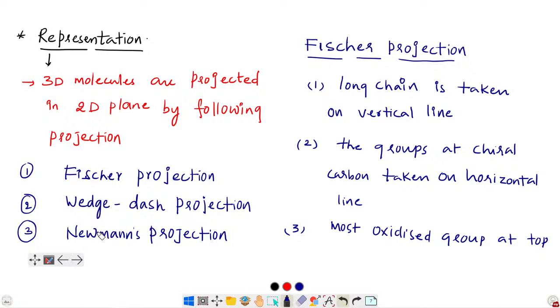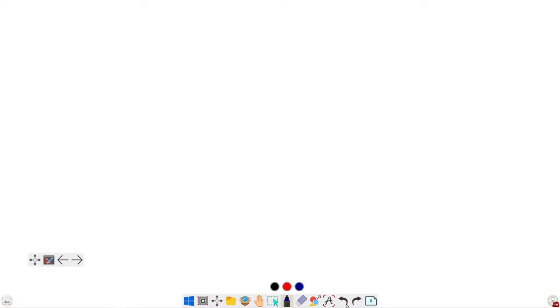Let me give an example. Suppose I write CH2OH-CHO. There is a chiral carbon. How do you represent this molecule?